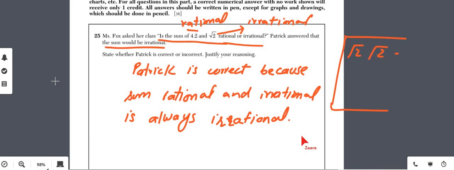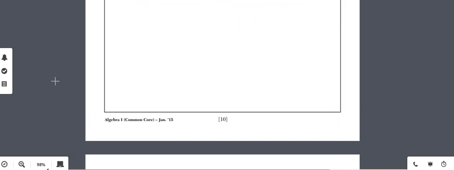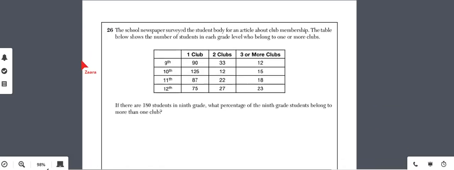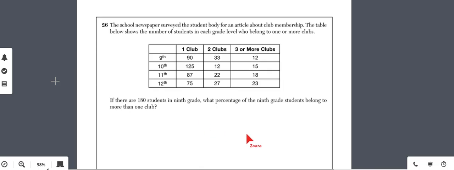When you times them, you will get 2, which is rational. Now root 2 times root 3, the answer is root 6, which is still irrational. So you have to keep these principles in your mind. Got it?